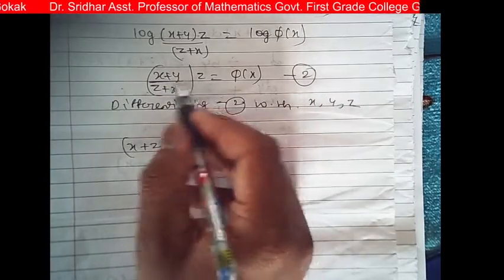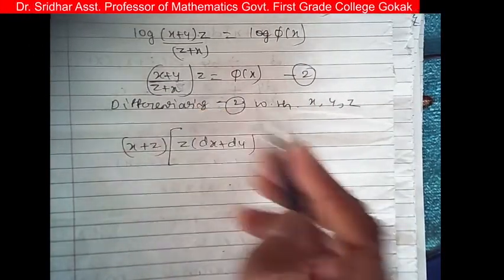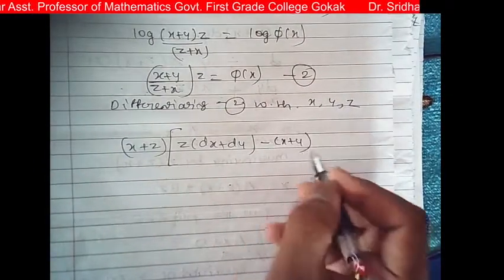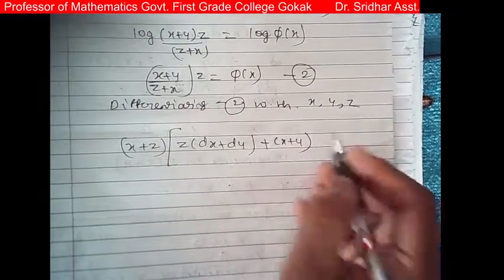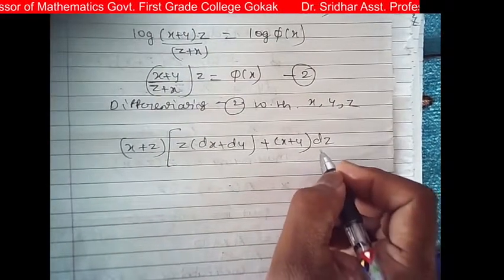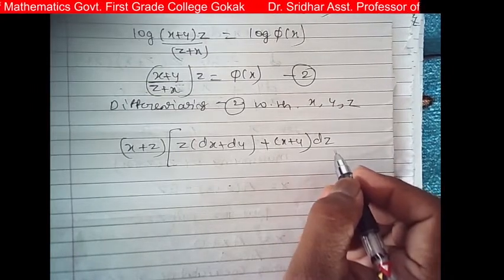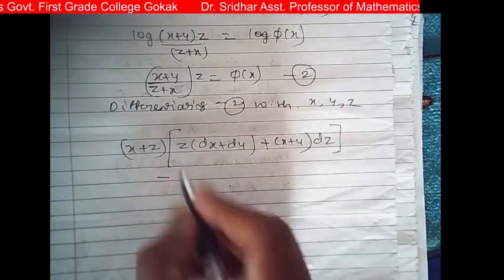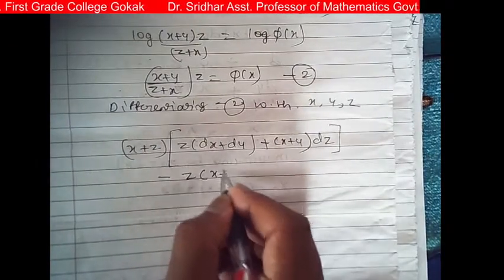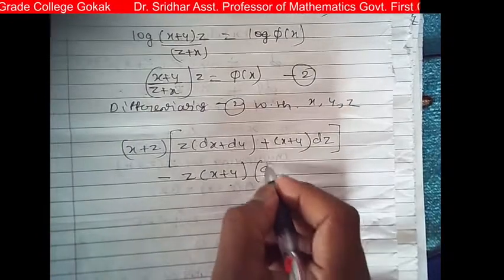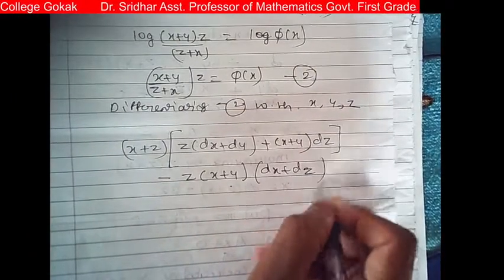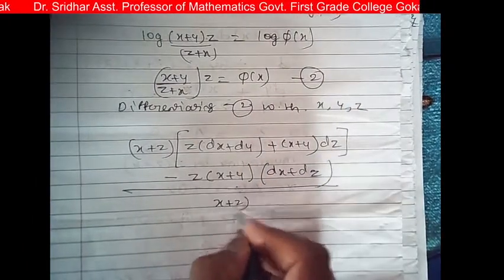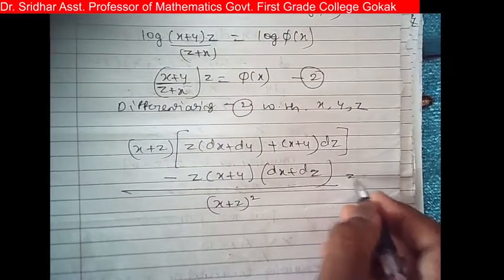Here we apply the product rule: this as it is, differentiation of this one, then minus x plus y as it is, differentiation of z is dz, then minus second function as it is, z into x plus y. Now differentiation of x plus z, dx plus dz, whole divided by x plus z whole square, which is equal to d phi.